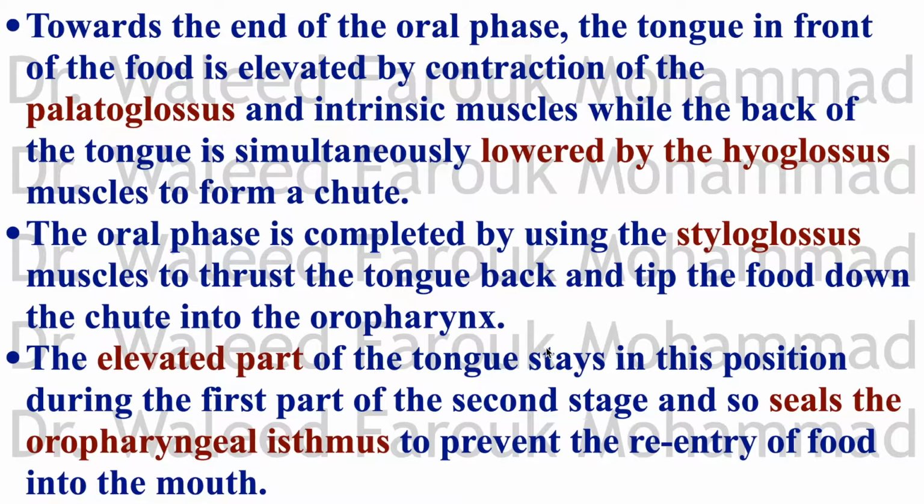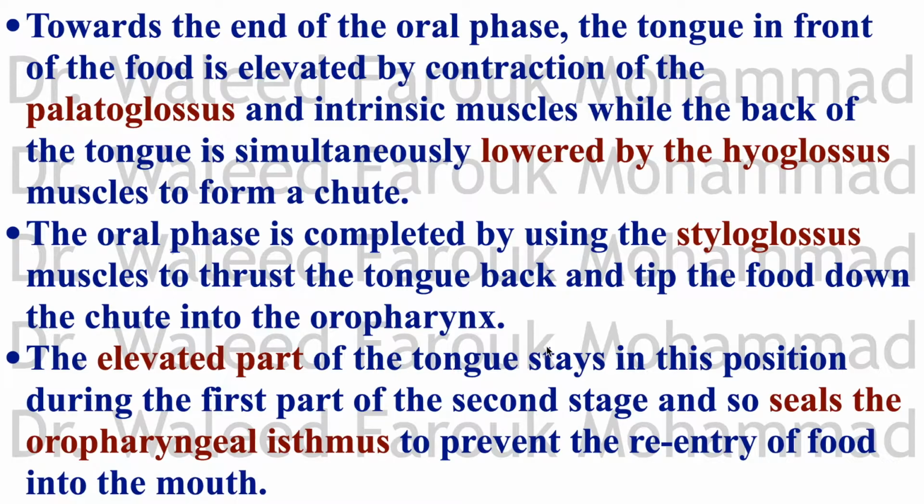Please refer to the pharynx and larynx lectures in the head and neck. Also by the intrinsic muscles of the tongue, while the back of the tongue is depressed or lowered by the hyoglossus muscles to form the chute through which the food passes to the oropharynx.